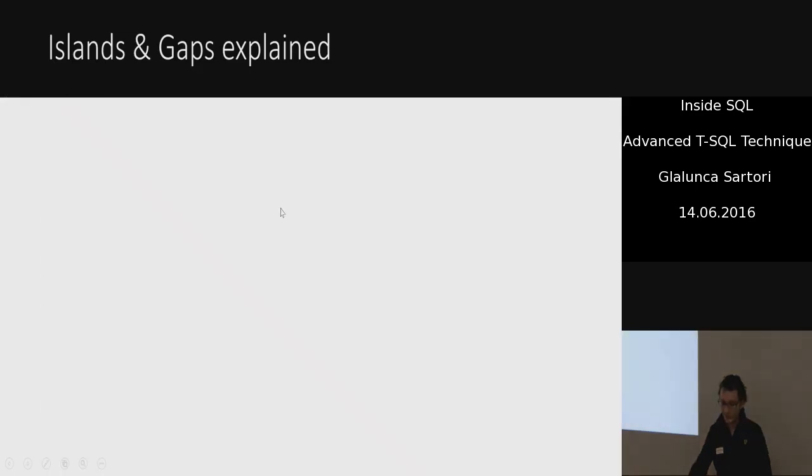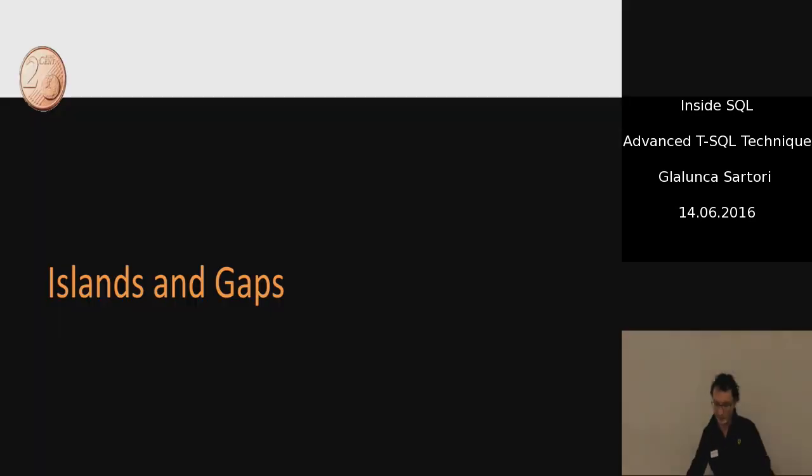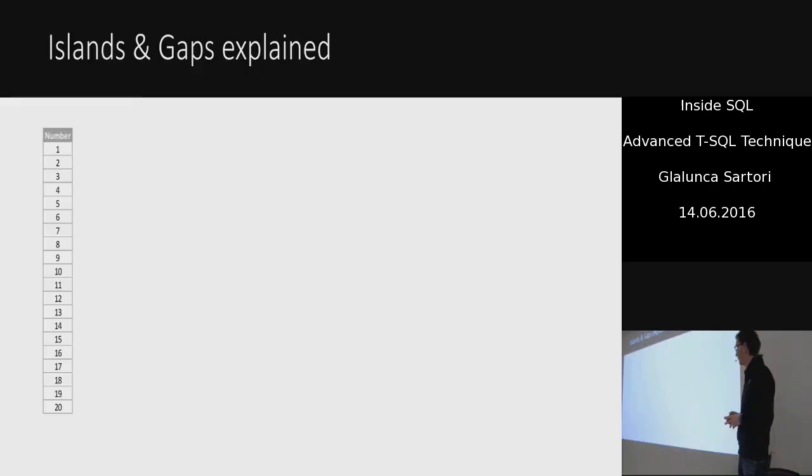Perfect. So with these tools, what we can do is try to solve some of the well-known problems that we have in SQL Server, in T-SQL actually. One of these problems is the islands and gaps problem. So what's the idea?